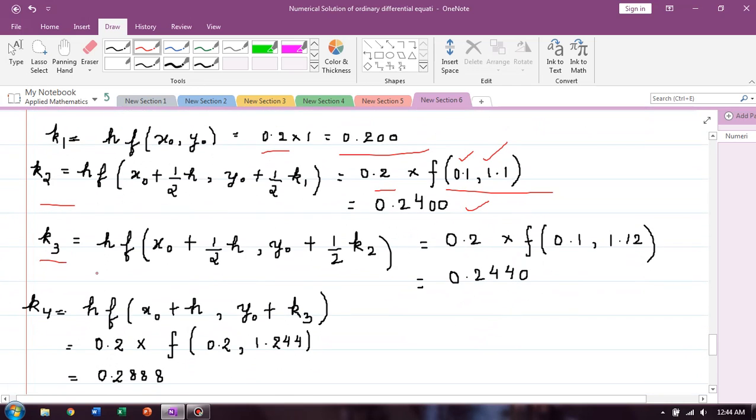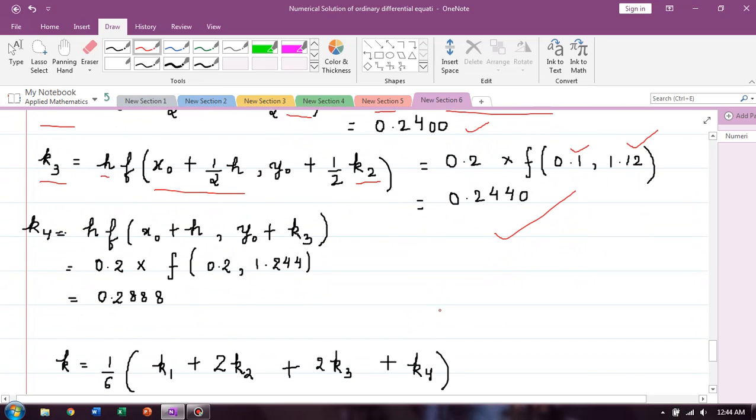Now what about k3? Again this is 0.2 into x naught plus 1 by 2 h, which is 0.1 only. It's the same as before. y naught plus 1 by 2 k2, not k1. This has changed. Usually people make a lot of mistakes in these questions. You have to remember this thing, okay? Anyways, k2 is 0.2400, divided by 2 is 0.12. 0.12 plus y naught is 1.12. 1.12 plus 0.1 is 1.22.